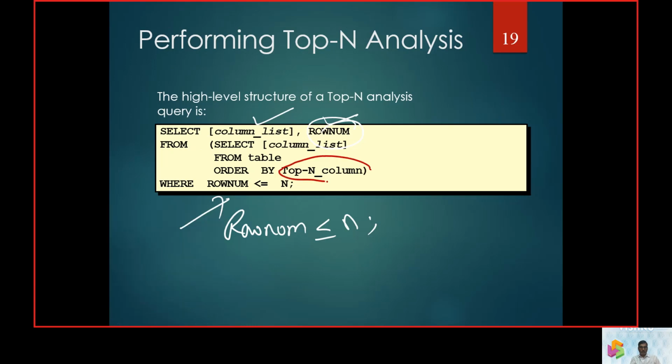Thereby we use the top N column. You have to understand this ORDER BY. Order by is generally either ascending or descending, and by default it is ascending. Now you need to mention the top N values, the top N column here. That was the significance of the row number.